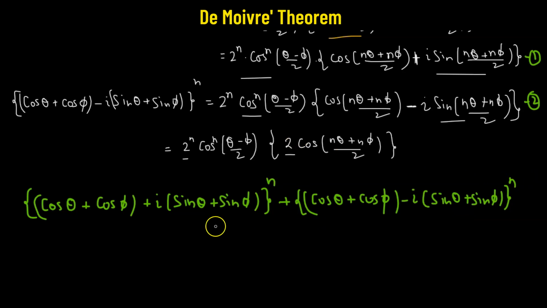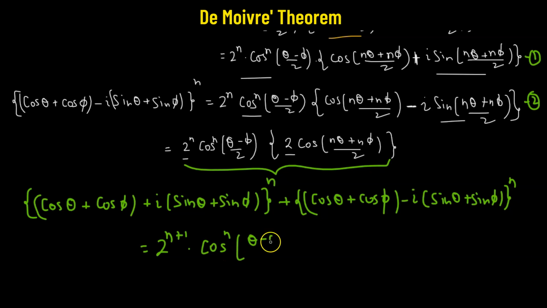So when we add them, we are going to get this expression. Here we will have 2 raised to the power of n plus 1 times cosine raised to the power of n of (theta minus phi) over 2 multiplied to cosine of (n theta plus n phi) divided by 2. So this is going to be the simplified expression.